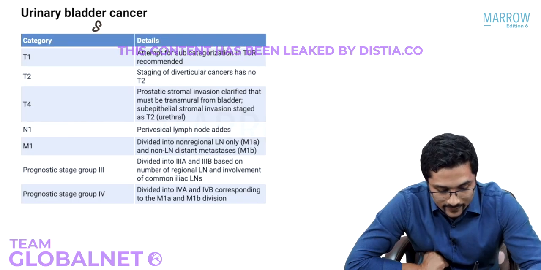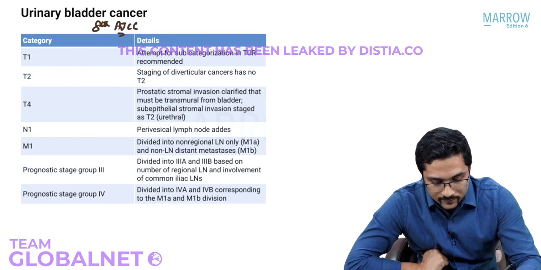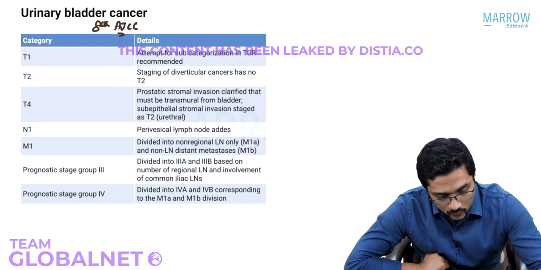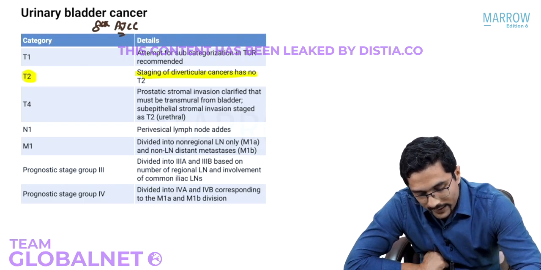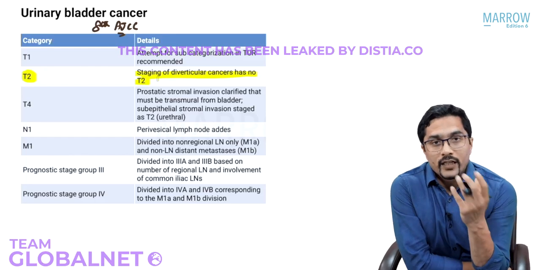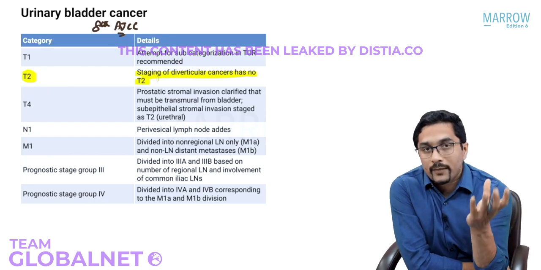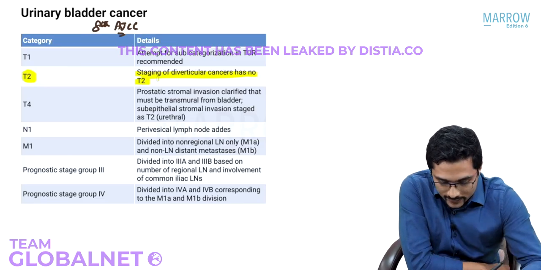These are the 8th AJCC updates for bladder cancer. Again, which ones do I want you to remember? One I want you to remember is that staging of diverticular cancers has no T2. I just told you that sometimes diverticula can also develop cancers. There is no T2 for diverticular cancers.